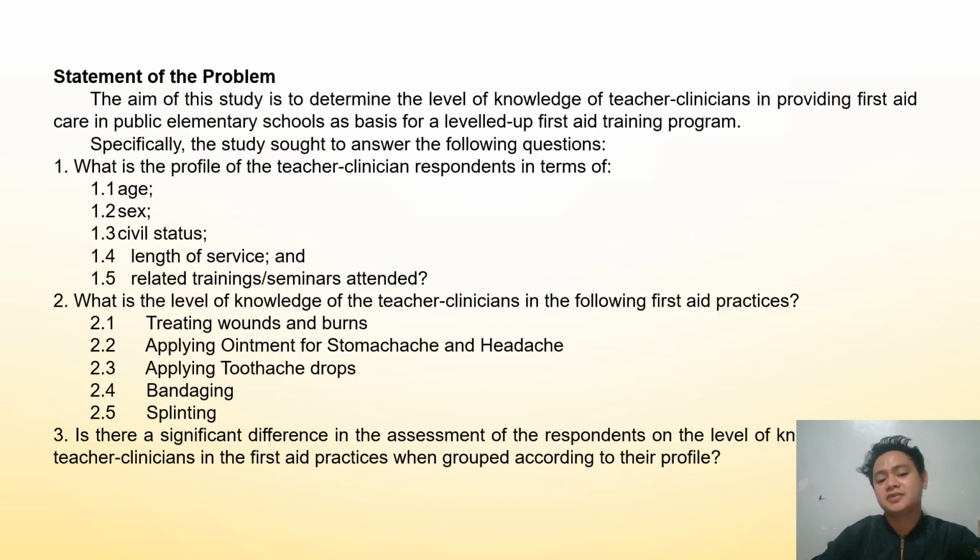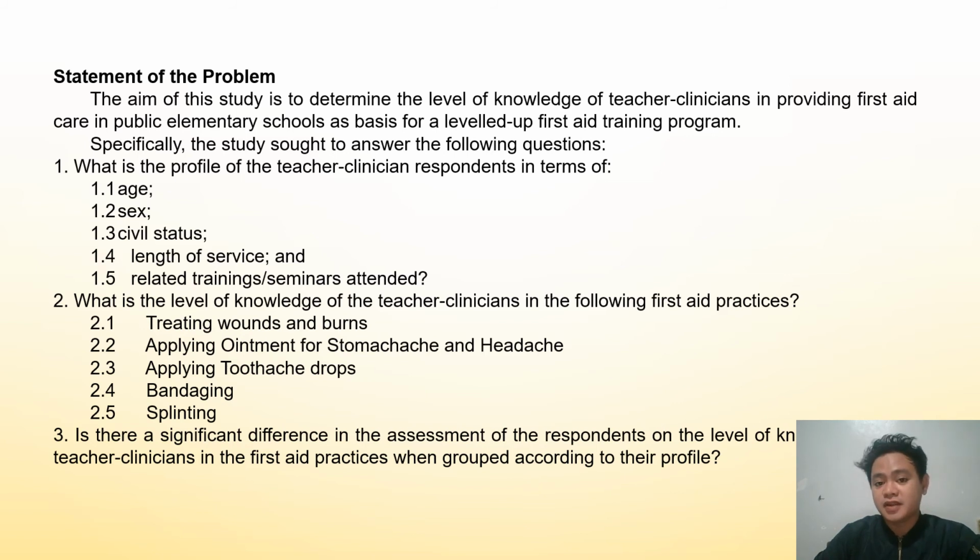Definitely the statistical tools that you're going to use are frequency count and percentage. So for SOP 2, definitely it depends upon the variables that you have. So if it is a Likert scale, most probably the weighted mean will be used. So for number 3, we are looking for the significant differences.